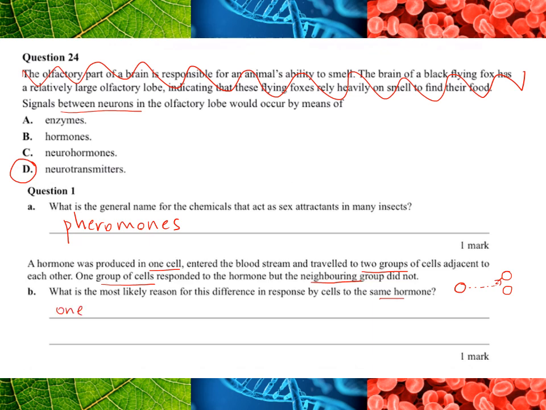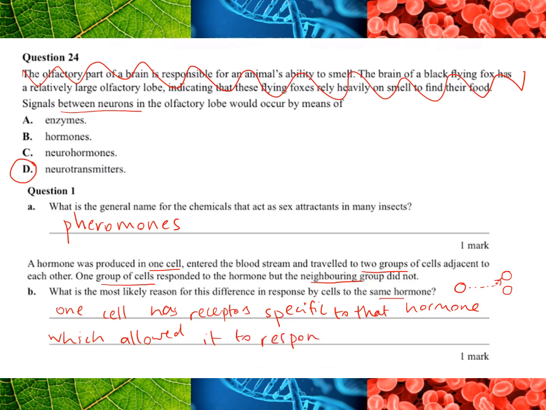So one cell has receptors that are specific to that hormone, which allowed it to respond, or you could say it allows the hormone to bind while the other did not.